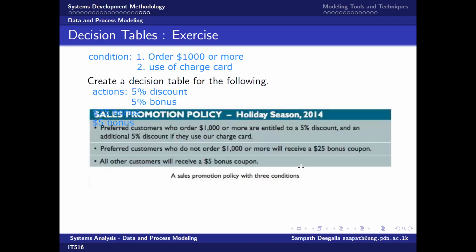Yeah. So if you read it correctly, preferred customers who order $1,000 or more are entitled to a 5% discount, and an additional 5% if they use our charge card.